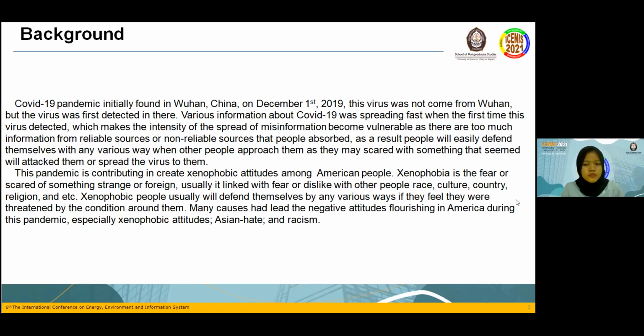As a result, people easily defend themselves in various ways when others approach them, as they may be scared of something that seems to attack them or spread the virus to them.